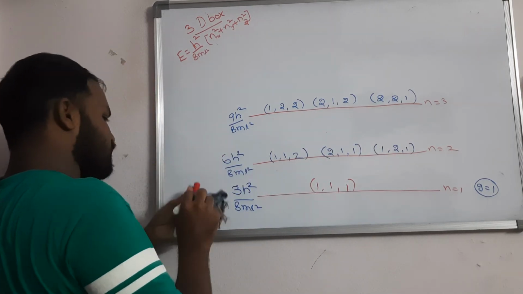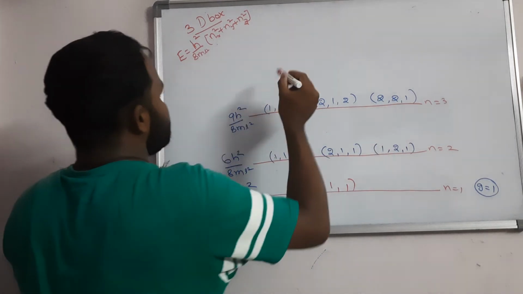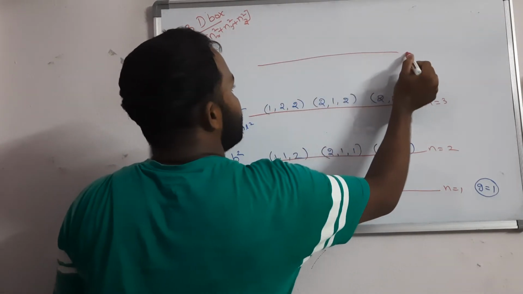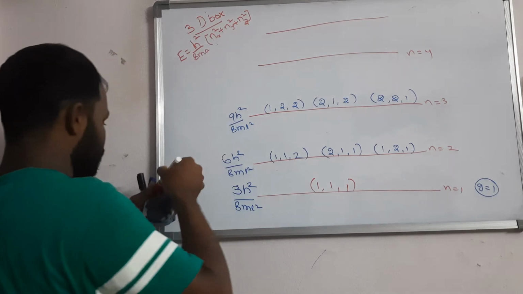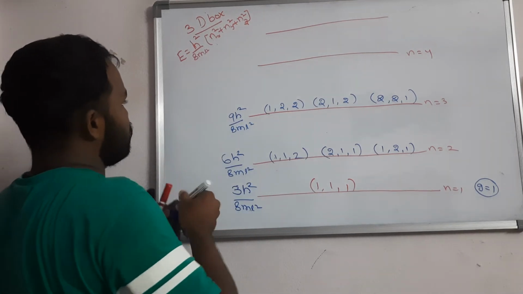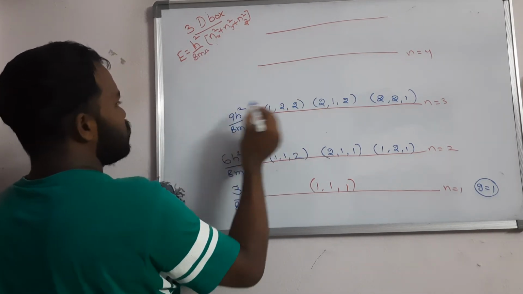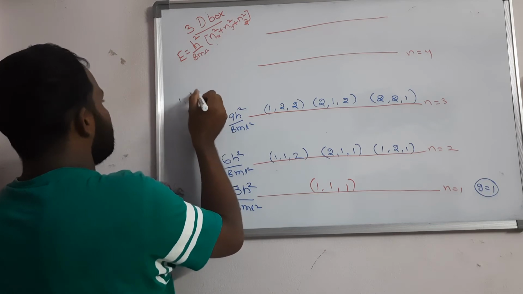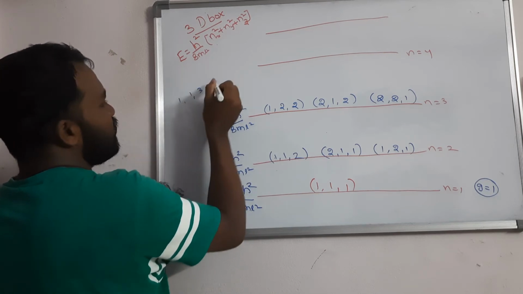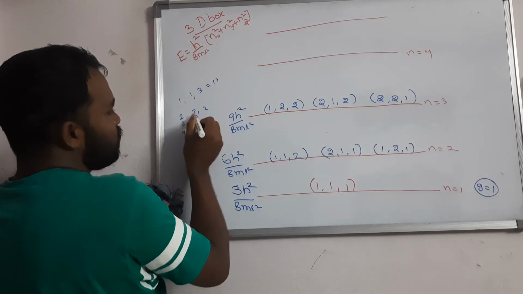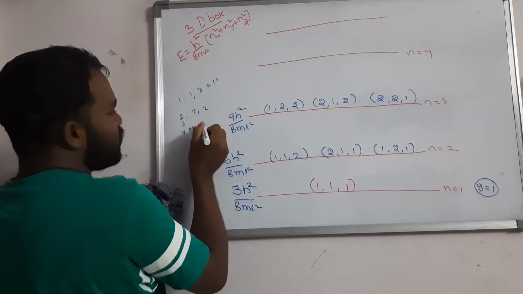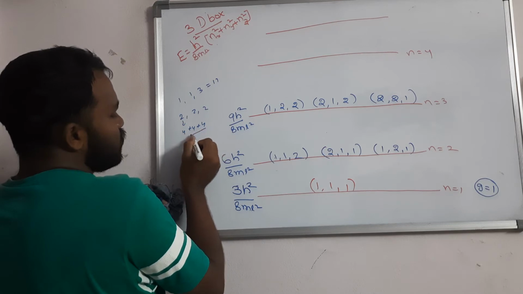So next energy, n is equal to 4 you should write. Next possibility. If I will take 1 1 3, you will get 11, already we discussed. If I will take 2 2 2, 2 square is 4 plus 4 plus 4, so here 12 you will get.